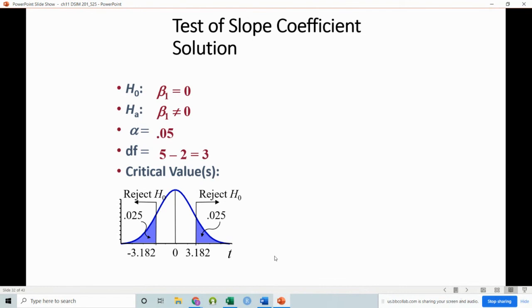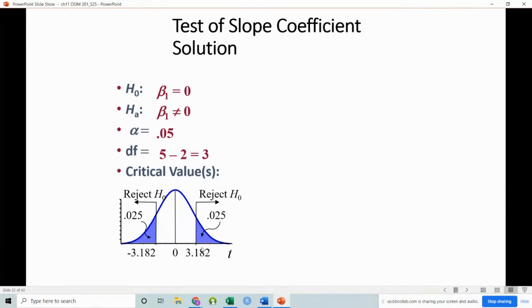We are estimating 2 parameters, so 5 minus 2 gives us 3 degrees of freedom. For a two-tailed test, our critical value is going to be plus or minus 3.182, and we can pull this from our Excel regression output to get the answer. Basically, we're splitting this value up into two tails, and our rejection region is above or below that number.